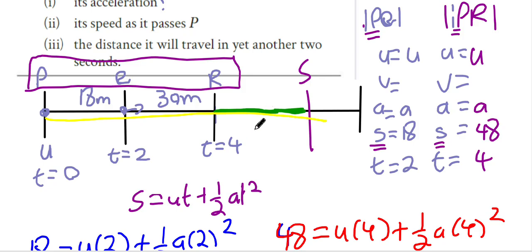Does everybody get that? The green distance is the same as the yellow distance, take away 48, because you cover 48 before the green distance. So I'm going to do P to S, all the way to S, and then subtract 48 at the end. That'll tell me how much extra distance I covered.